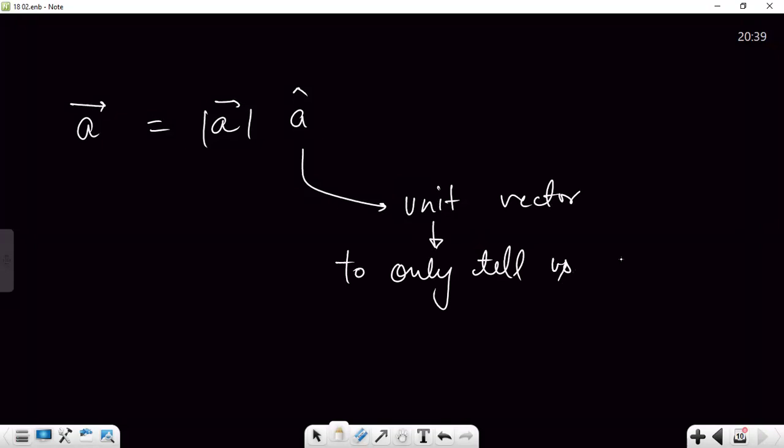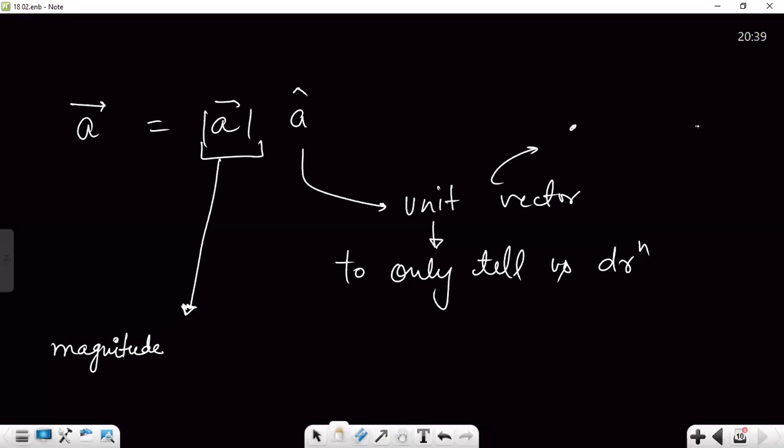From here we know that we are going from where to where, and how much to move will be depicted by the magnitude.